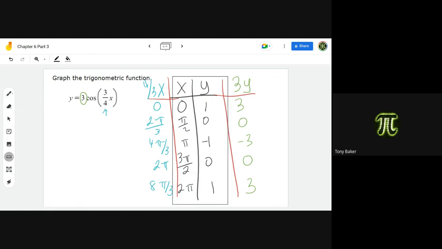Then you just eliminate these and you graph the new x and the new y. Then you graph that equation.